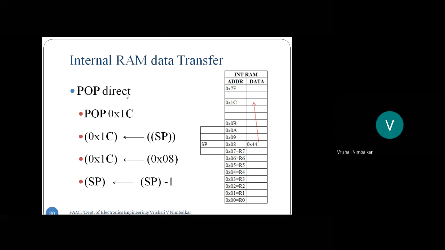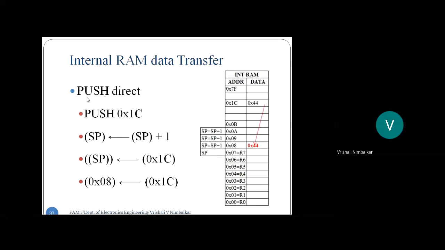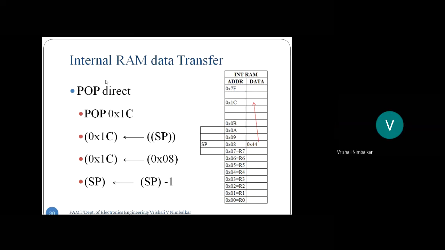So this direct is the destination address. In case of push, the direct is the source address. Pop means read from the stack and store in the destination address. Where to store? You give it in the pop instruction.